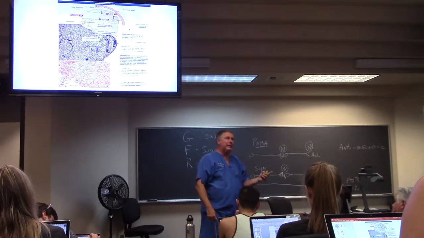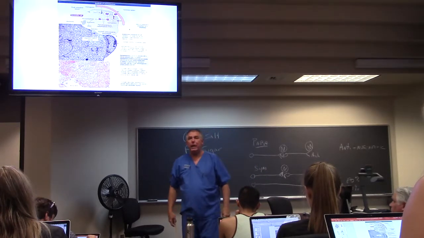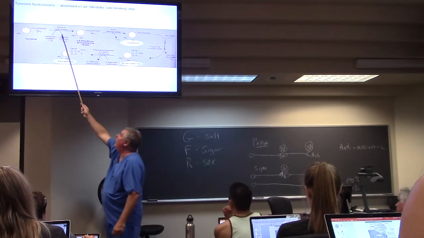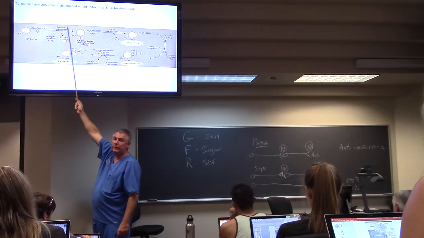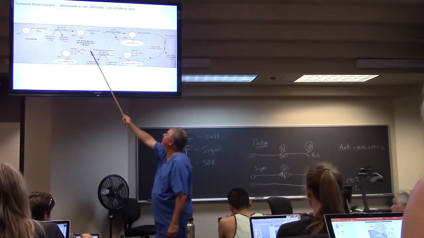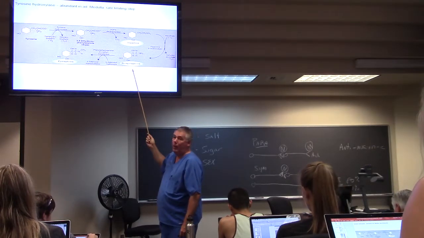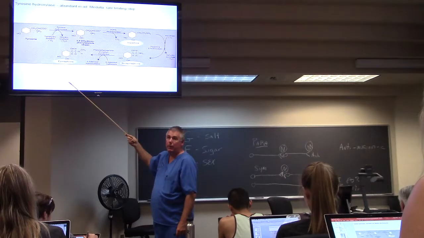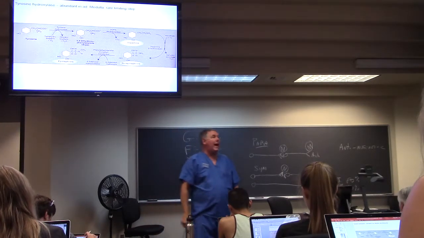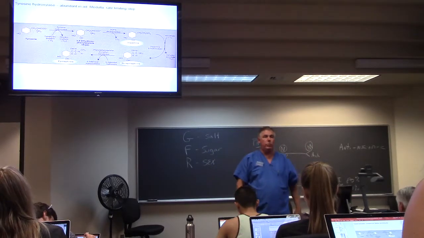Tyrosine is the amino acid that will yield those two neurotransmitters. Tyrosine is converted along this pathway by tyrosine hydroxylase, which says up at the top, the rate limiting step, into dopa, then dopamine, then norepi, then epi. That's the pathway. Serotonin is also an amine, but it's not related to this pathway.